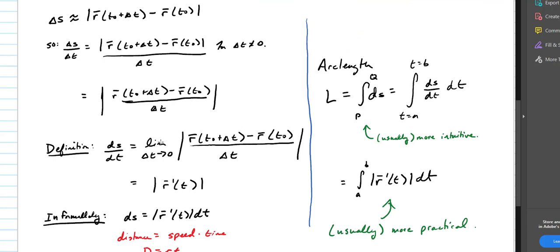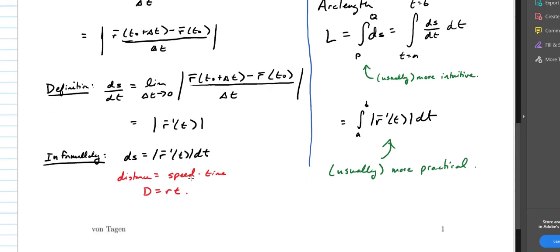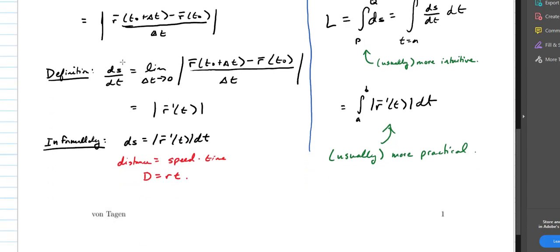But what we notice here is that this expression is just the magnitude of our derivative function. So here we have that ds over dt is equal to, in limit, the magnitude of our velocity vector.